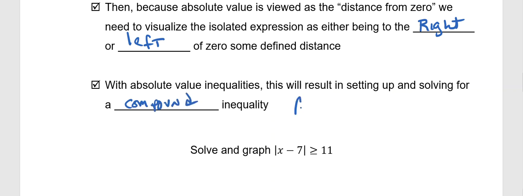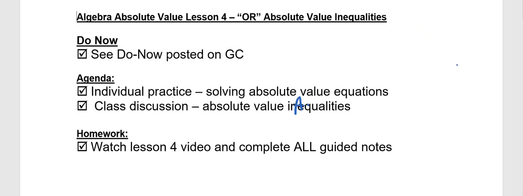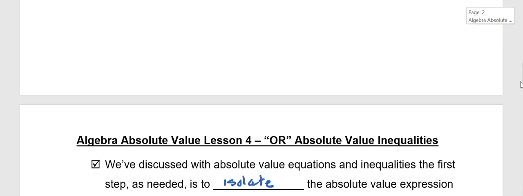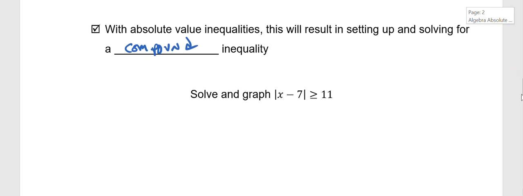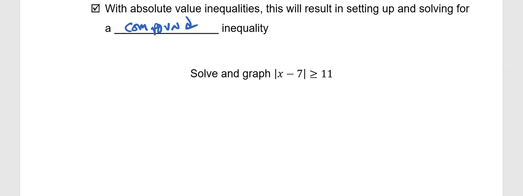What we dealt with yesterday was solving for an "and", and what we're dealing with today is solving for an "or". And we're going to talk more in class about how to look at the inequality to determine whether it's an "and" or an "or". But for now, everything we did in the previous lesson was an "and". Everything we're doing today is an "or".